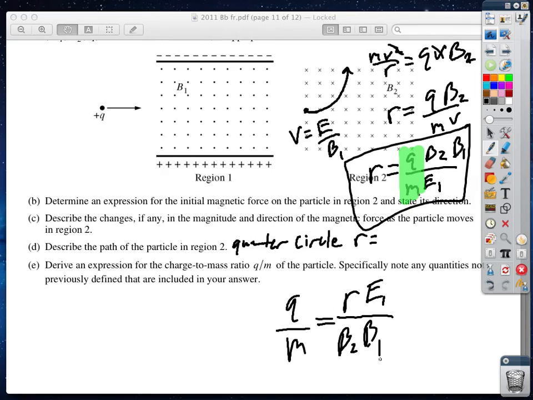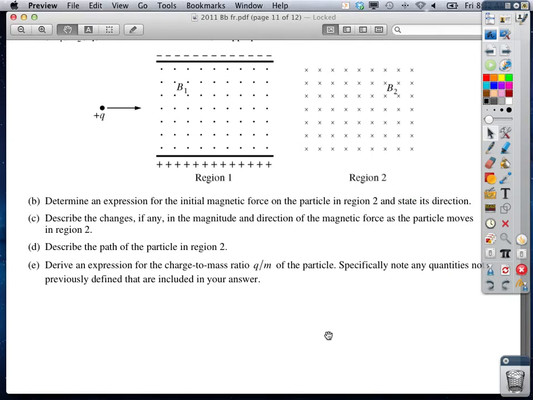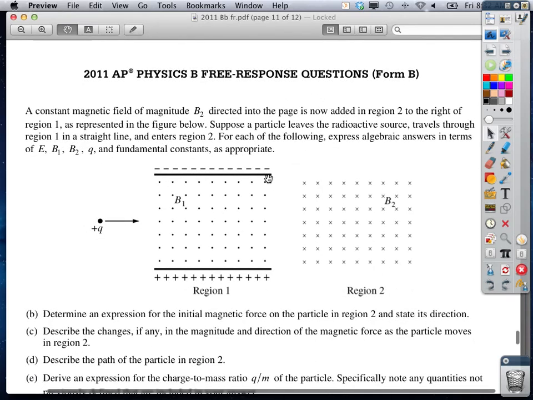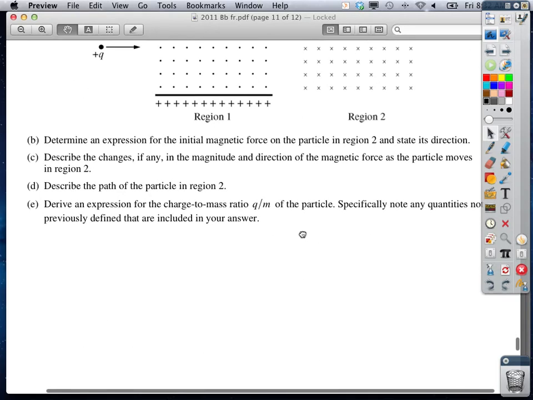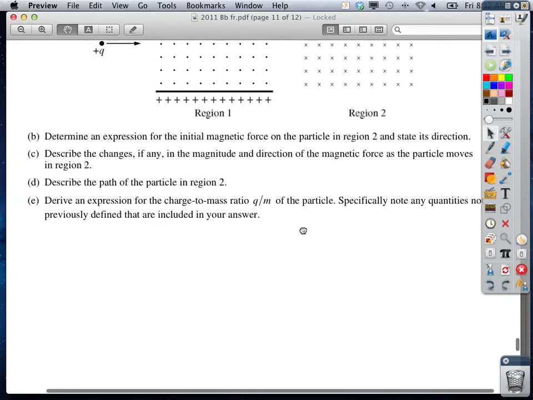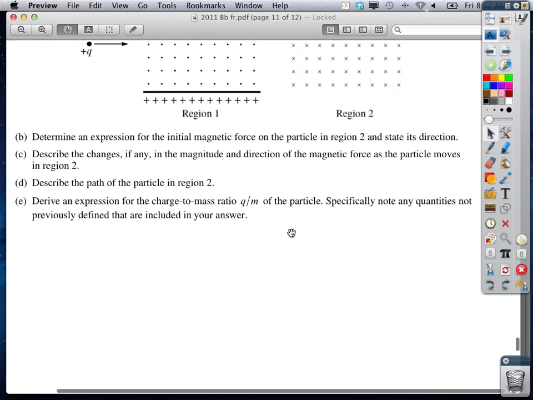And then they gave you like a list of stuff that you could use as the initial definitions, and you just have to say what is on here that wasn't in that list. So if I go back and look, all right, so it was mass. We didn't know the mass of the particle. So in order to be able to come up with Q over M, oh wait, no. Oh, actually we need that. We knew E, we know B1, B2. We wanted Q over M. And it's not previously defined.